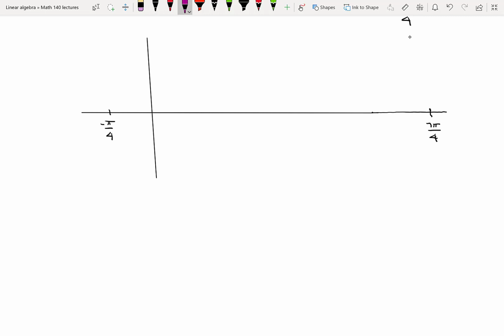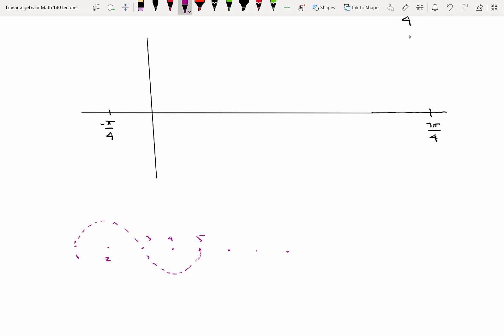Let me give you an idea of what I'm talking about. 1, 2, 3, 4, 5 points. So if it was a sine, I would need 5 points to get the sine. That's one period. So I have 1, 2, 3, 4, 5. So how many more points am I going to need for a second period? And the answer isn't 5, because the next period is going to start with the 5th point.